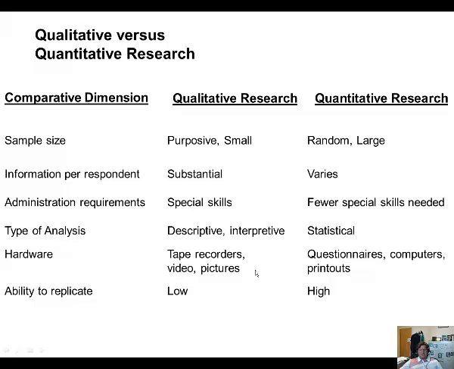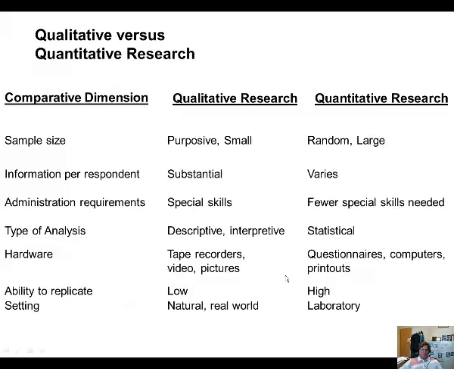In qualitative research, we have a low ability to replicate because each study is unique. In quantitative research, one of the things that we like to do is replicate to build a case that what one person found can be found somewhere else, either with a slightly different test or different sample.